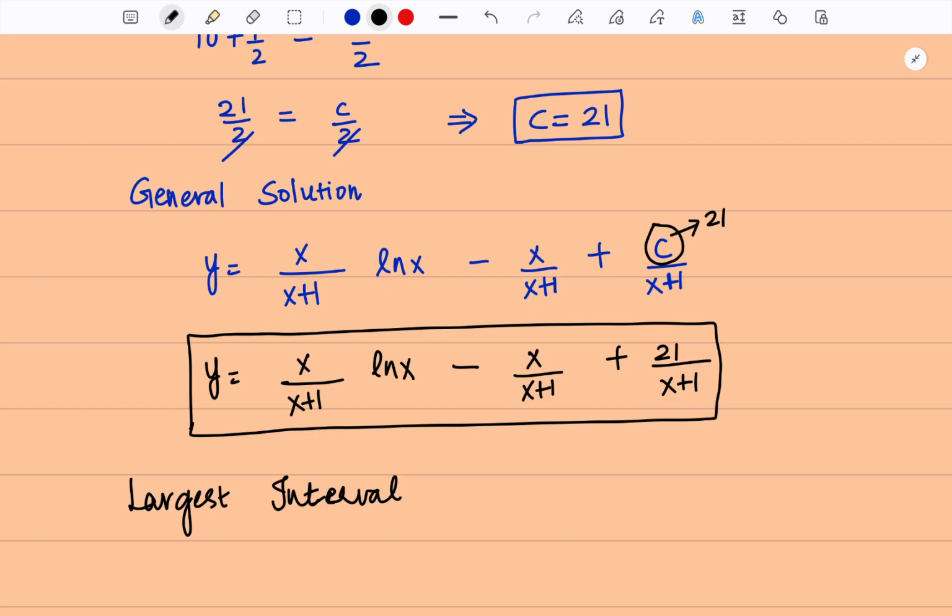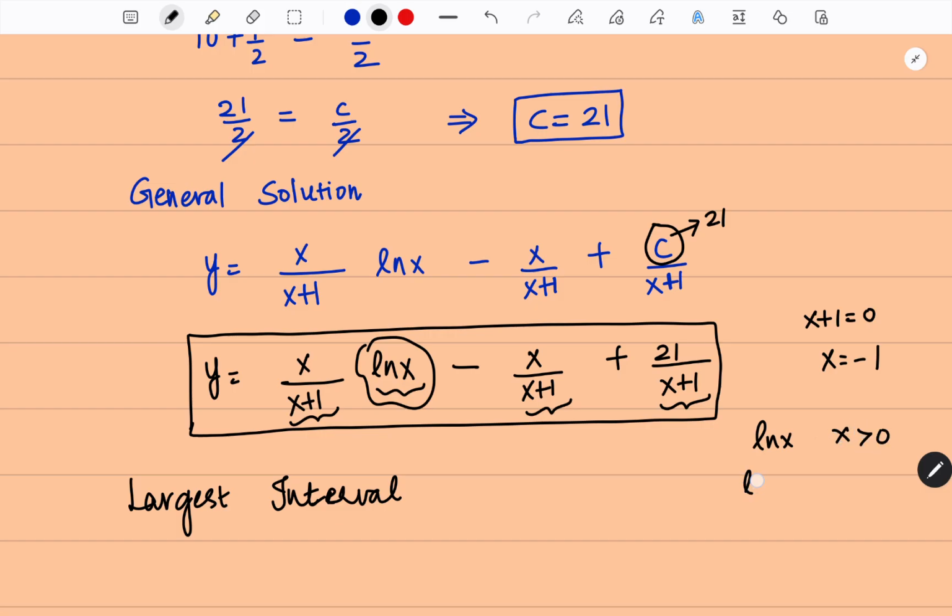But here, look, we have ln x, and we have x plus 1. Suppose I put x plus 1 equal to 0, so x equals minus 1. Also, ln x is only defined for x greater than 0.